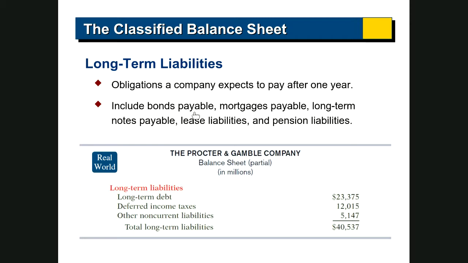Bonds payable, mortgages payable, long-term notes payable, lease liabilities, pension liabilities, right? Pension liabilities, for example, are not going to be paid until the employees who will get the pension retire. So it is long term. So these are liabilities or debts that are paid beyond the 1 year from the balance sheet.